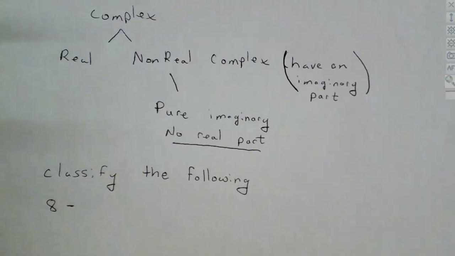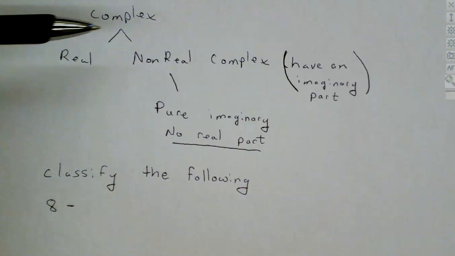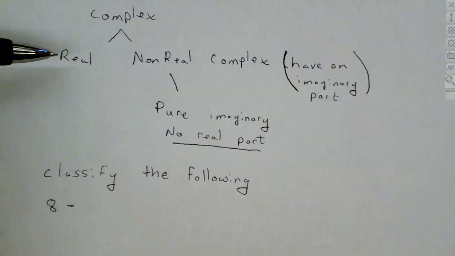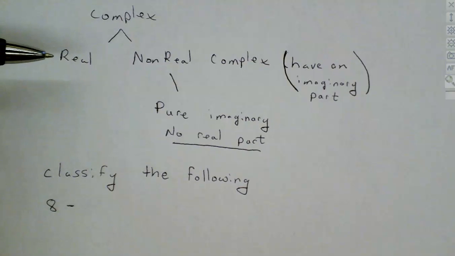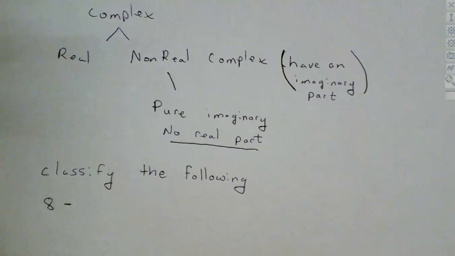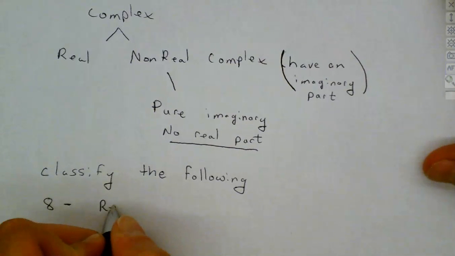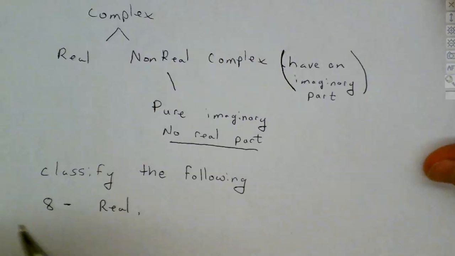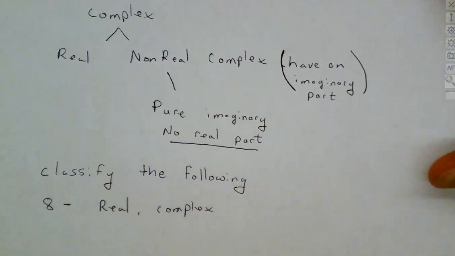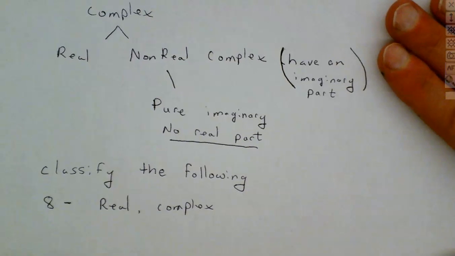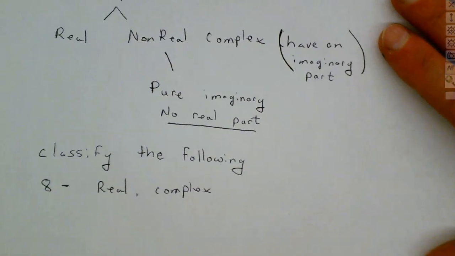Now, once you've classified it as either non-real complex or real, you have to follow it up. So this is going to have two types. It's real, and it's also complex. So this would be real, and this would also be complex. No imaginary part. Anytime you have an i, that's an imaginary part.